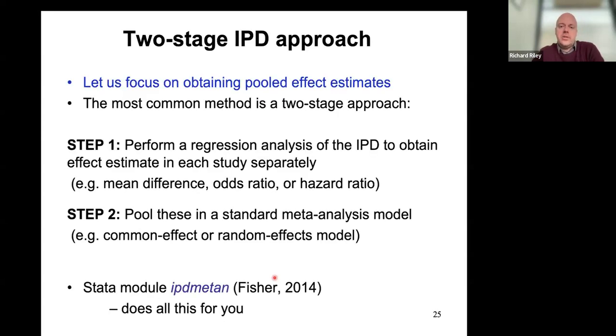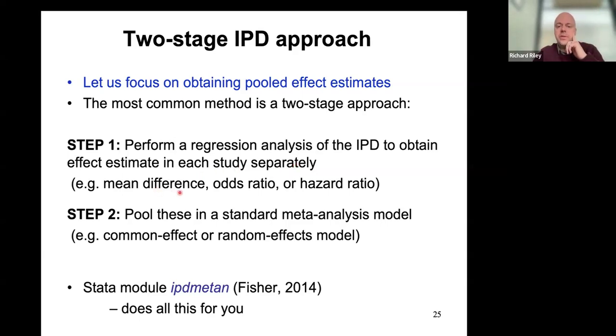So in a two-stage approach to IPD meta-analysis, what we're doing is analyzing our data in each study separately in the first stage, and then pooling results in the second stage. If we just focus on obtaining a pooled treatment effect estimate, then in the first stage, we would use a regression analysis probably to analyze the IPD in each study separately to derive the overall treatment effect estimate for that study.